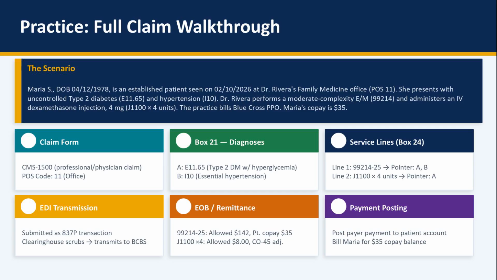For the J1100, the allowed amount is $8 total, 4 units at $2 each, and CO45 adjusts off the difference between what was billed and the contracted rate. Step 6. Payment posting. The biller posts the payment from Blue Cross to Maria's account and sends Maria a statement for her $35 copay. That is a complete claim cycle, from encounter to payment in 6 steps.